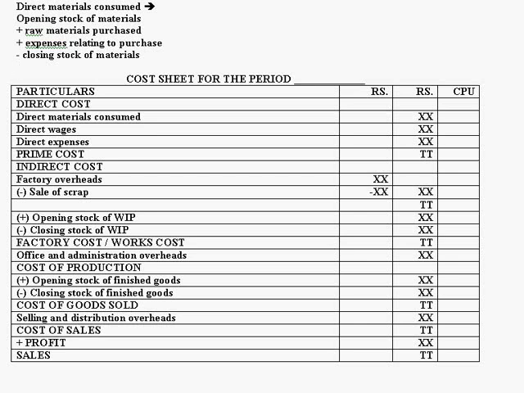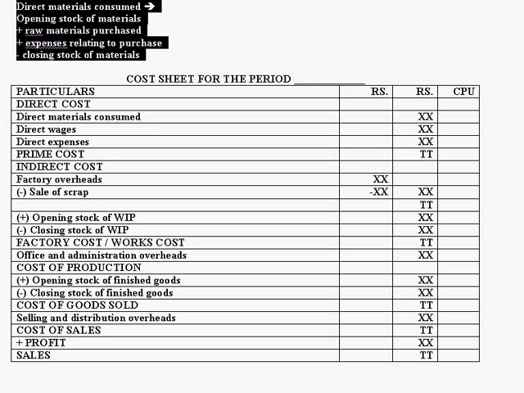You're not making the cost sheet later. Direct materials consumed over.